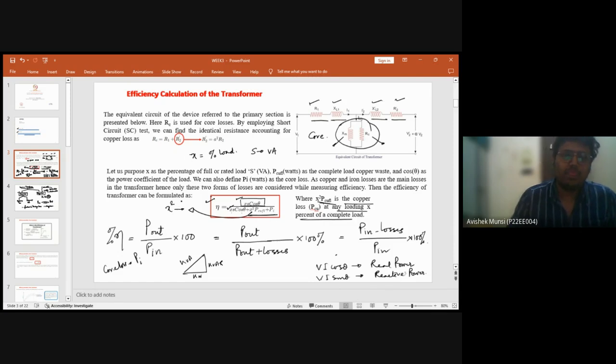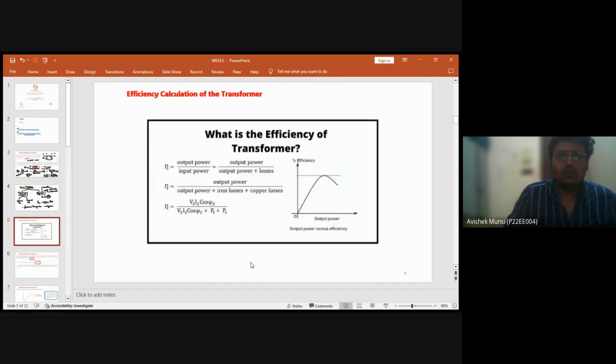Fine. Is it clear? So basically, this is the formula for calculating the loss in a transformer, or basically this is the formula for the efficiency.